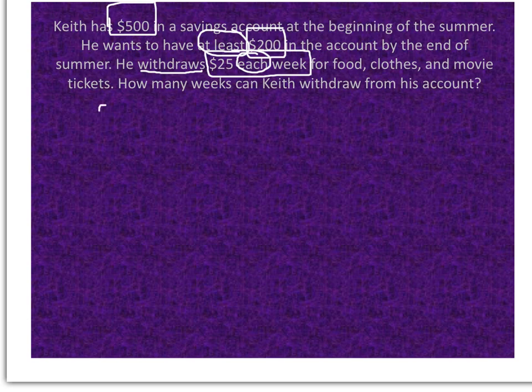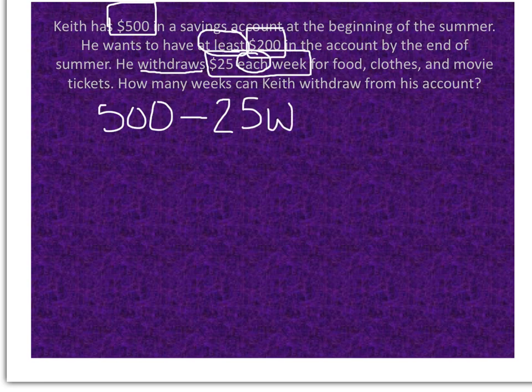He starts out with $500. He is withdrawing $25 per week. Remember I said withdraw means to take money out of the bank. So if you're taking money out, you're subtracting the amount of money that's in your account. So we're subtracting 25 each week, means multiplying by the number of weeks.